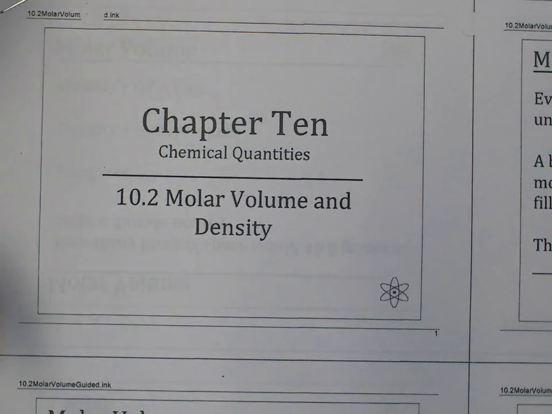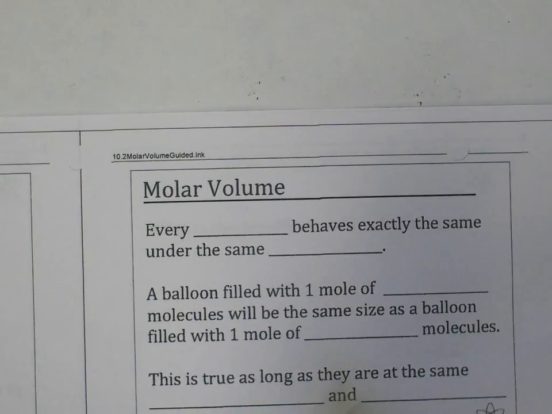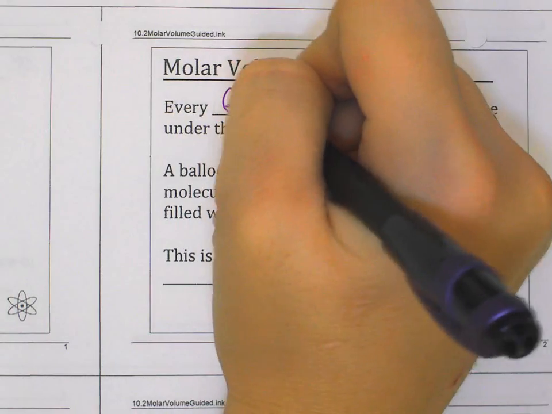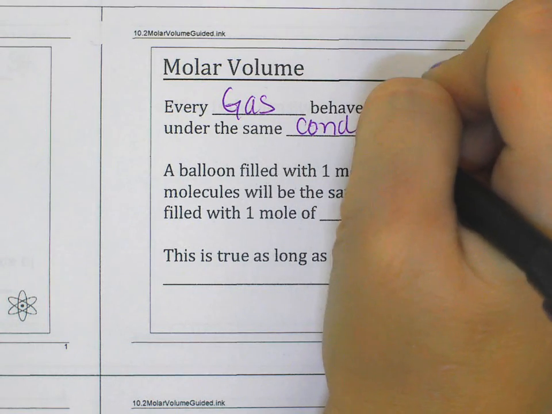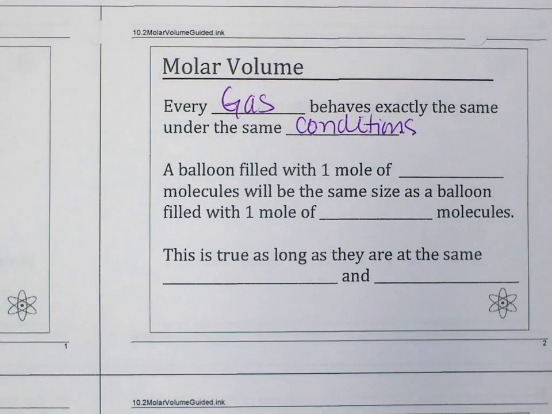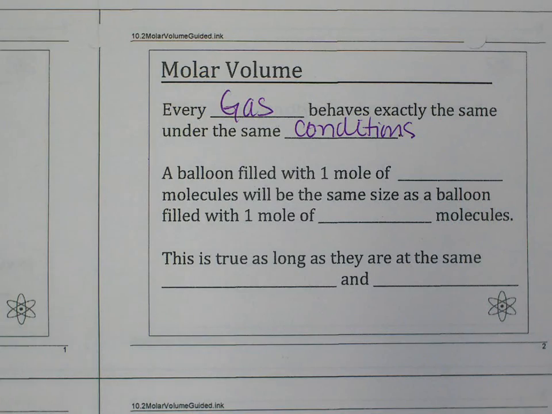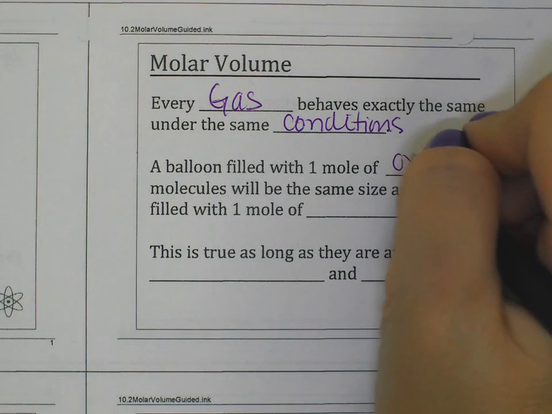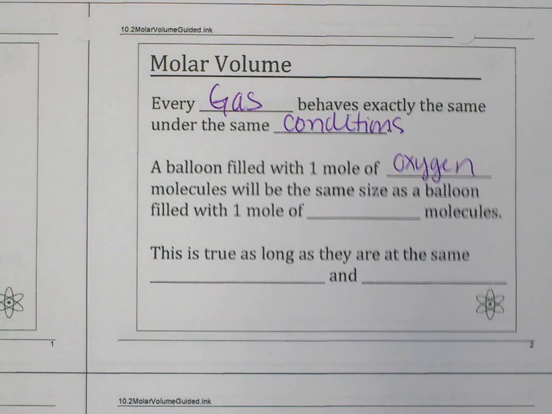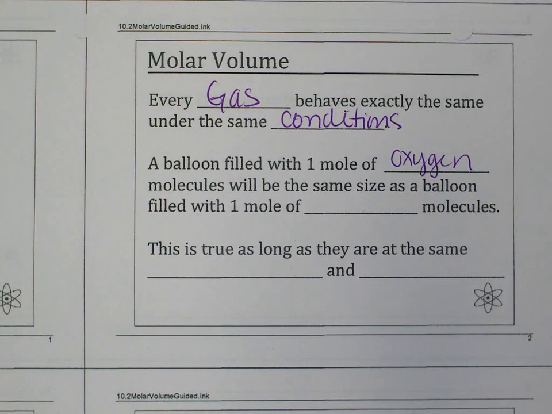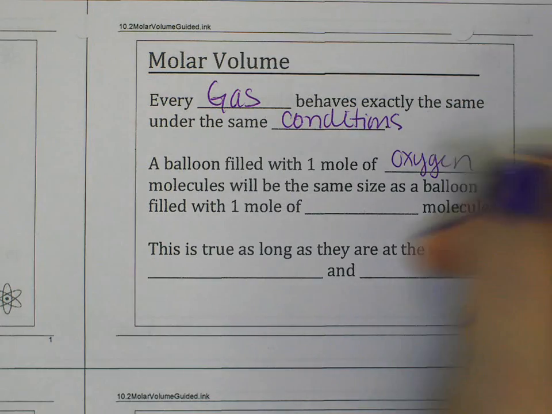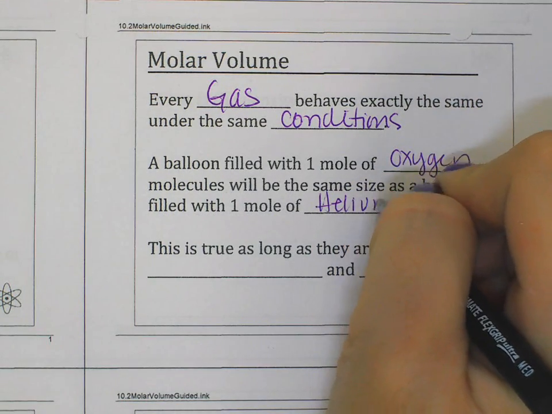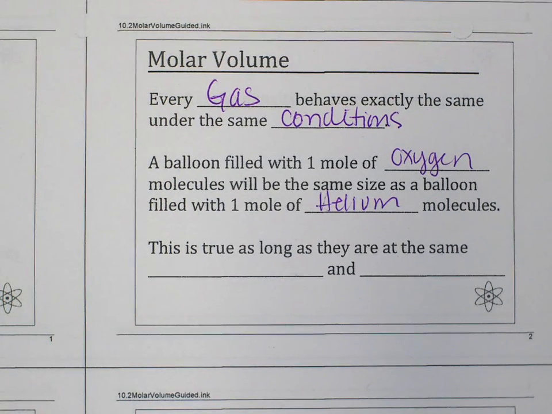Alright, so to start with, every gas behaves exactly the same under the same conditions. This is important to know because it doesn't matter what the gas is, it's going to behave exactly the same. So if I had a balloon filled with 1 mole of oxygen molecules, it'll be the same size as a balloon that's filled with 1 mole of, let's say, helium atoms.